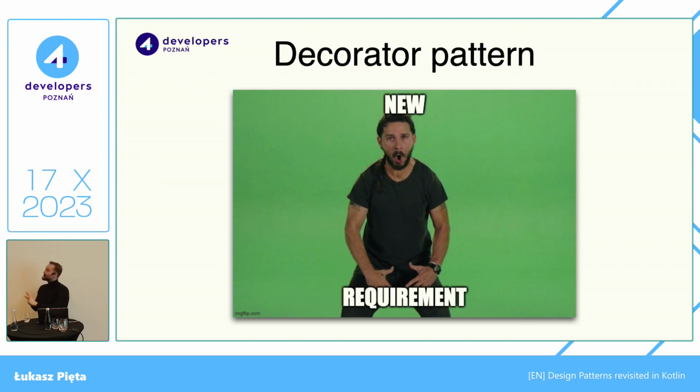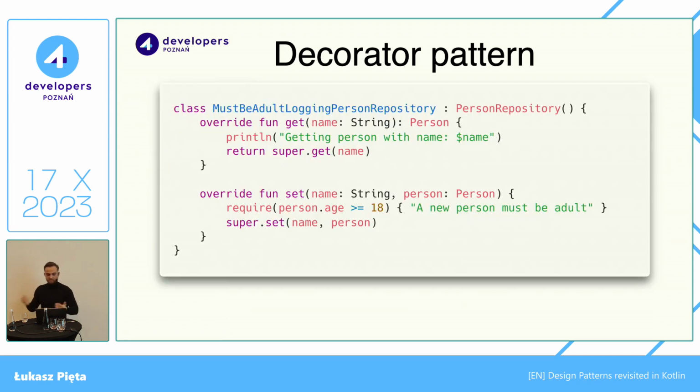They want logging and validation, but still there's a group that wants only logging and another group that wants only this validation. And we say, okay, yes, we can do this. There will be this weird class, MustBeLoggingMustBeAdultLoggingRepository, that duplicates the same code we already wrote in two other subclasses.